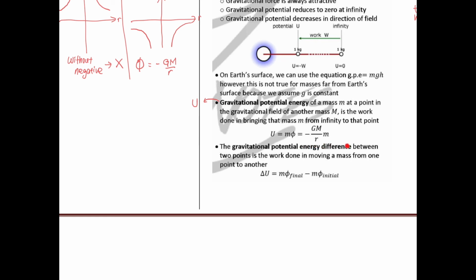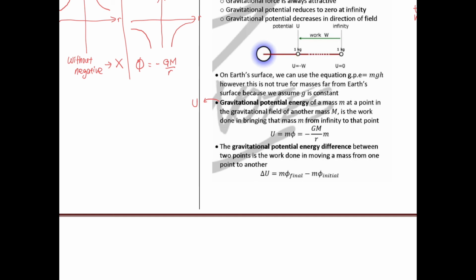And how to do it? You take the M phi final minus M phi initial. Okay. Example, let's say you are bringing an object from this point to this point. So this point is where you can work out your M phi initial, and this point is where you can work out your M phi final.